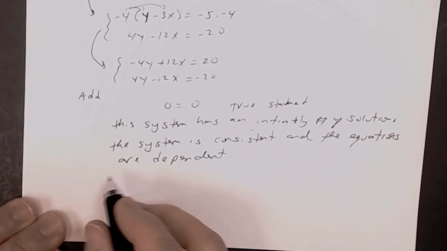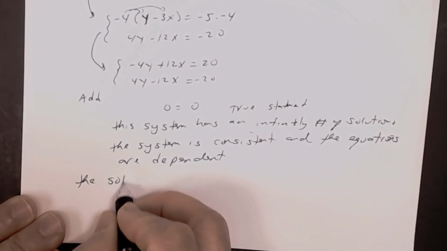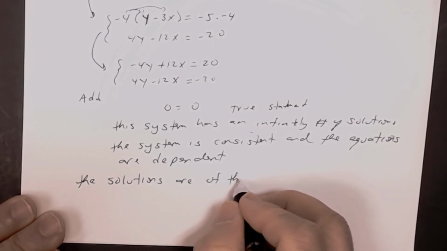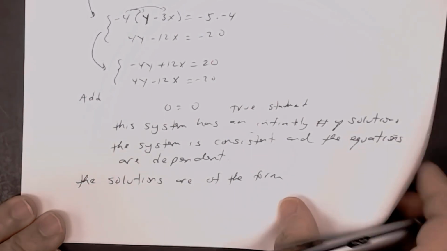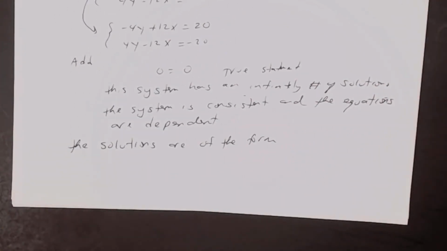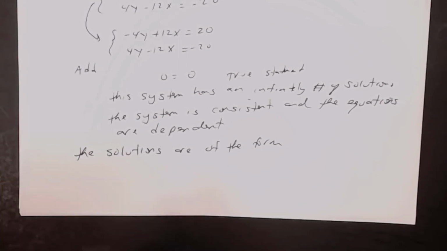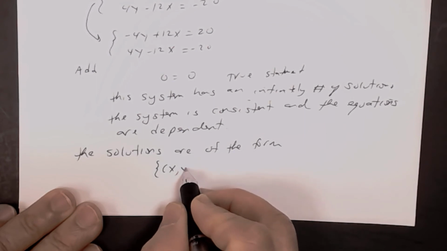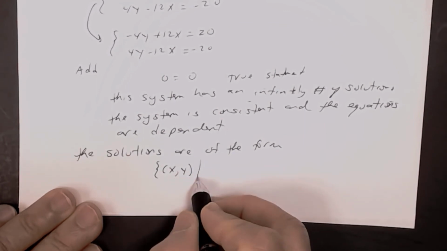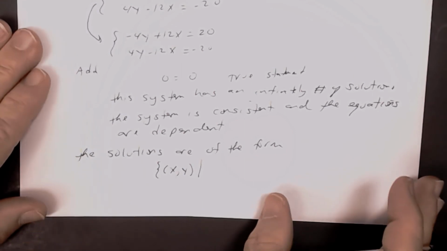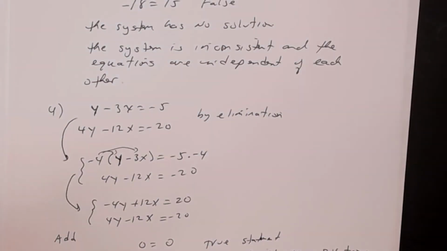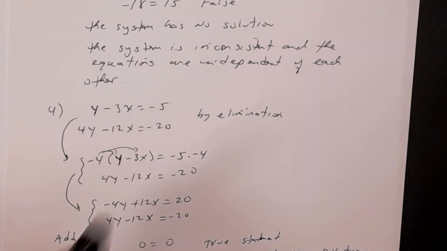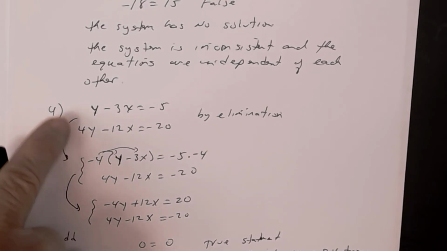So the solutions have this form. The solutions are of the form, and remember how we did this. They're an infinite number, so we said the set of ordered pairs (x, y) such that, and all you do is just pick one of these equations, because either one, remember, they're dependent on each other, right?